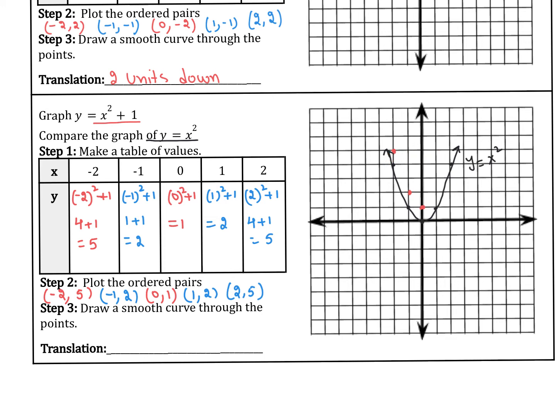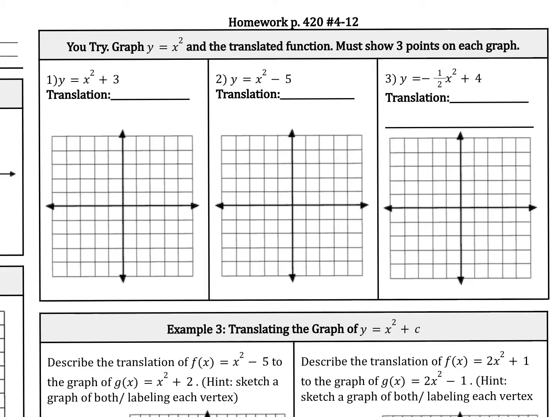And that is going to be this point and this point. So you're going to get this red graph that is moved vertically 1 unit up. Next, you try problem number 1, 2, and 3. You try the problems and match the answer with this video.